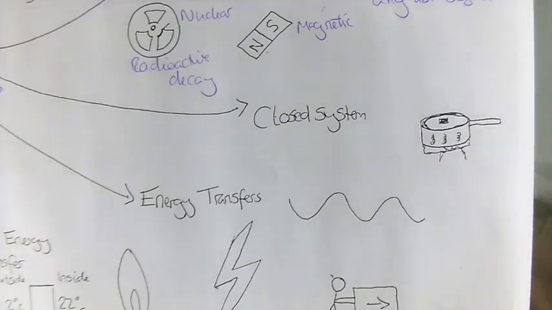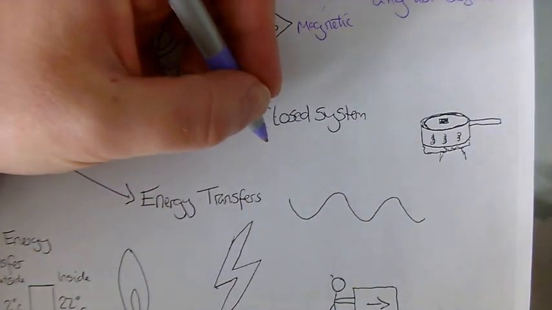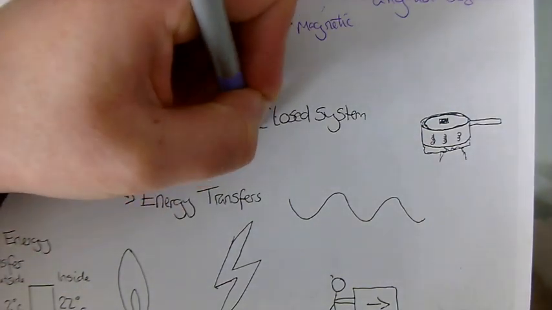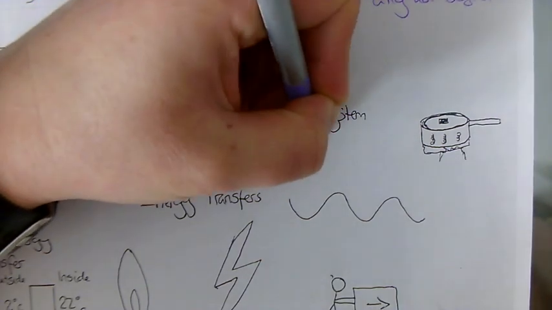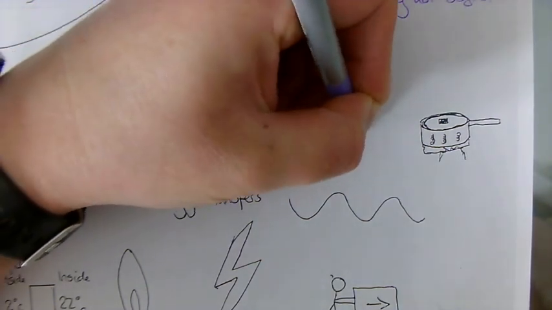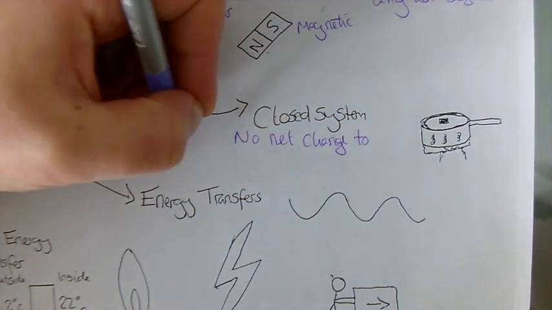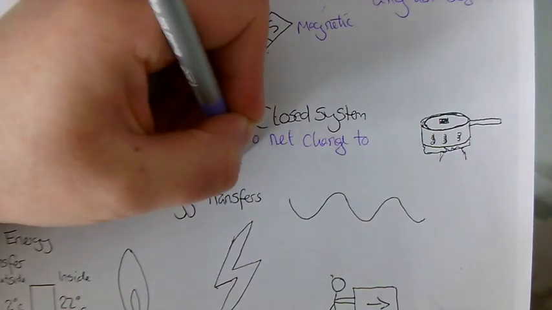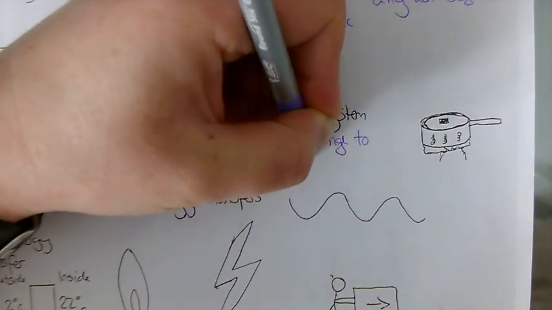If we keep moving round our sheet then, we've got this bit about a closed system. Okay, so a closed system is when there is no net change to the total energy.